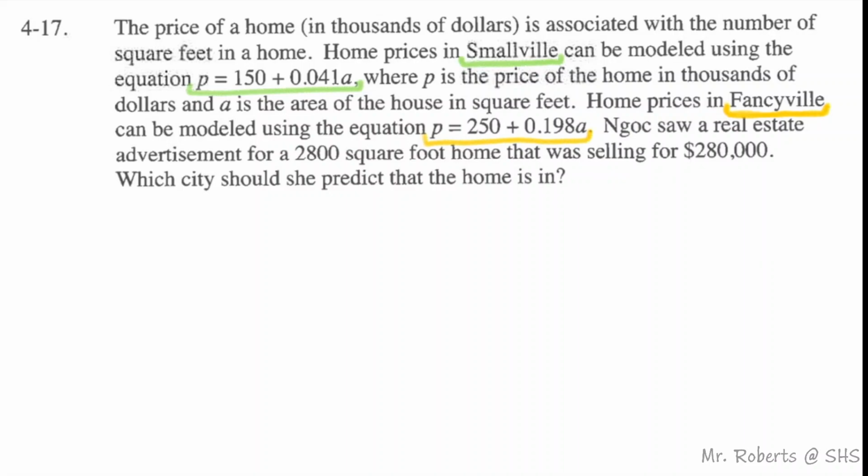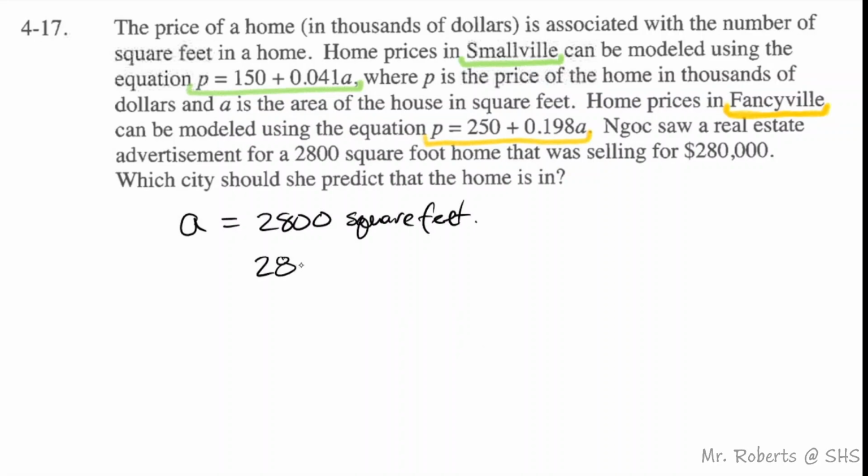A person saw a real estate advertisement for a house that had 2,800 square feet, so A for this house is 2,800 square feet, and it's selling for $280,000.